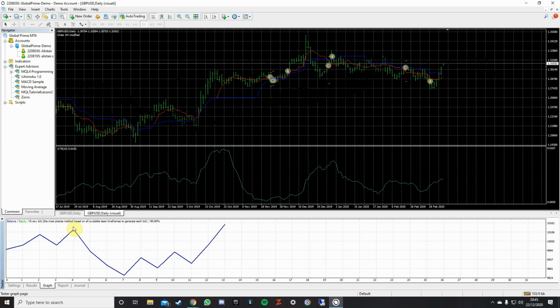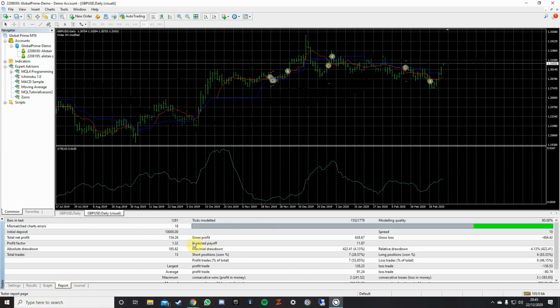At the end of the year, looking at the report here, we finished with a net profit of 154 pounds or dollars, 1.5%, nothing to write home about, a 1.32 profit factor, which is not too bad, and a max drawdown of 4%, which is quite high compared to what we ended up with. But remember here we used the fixed lot size. We didn't use our money management.